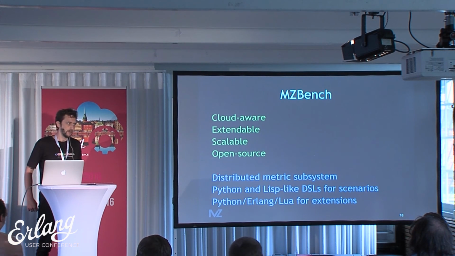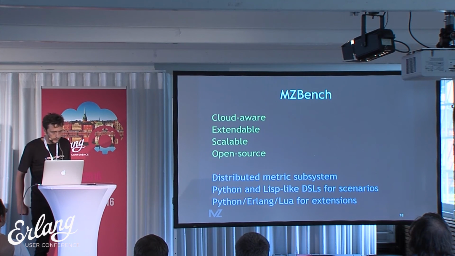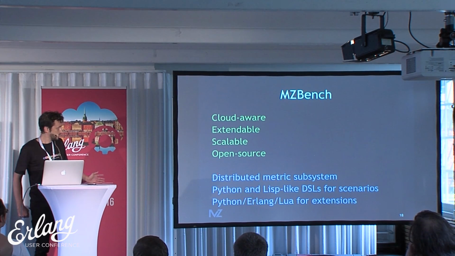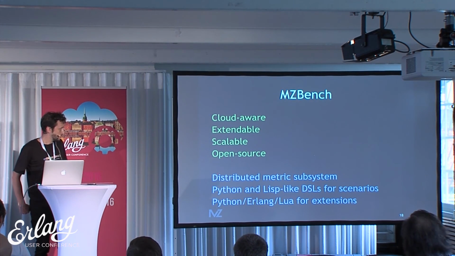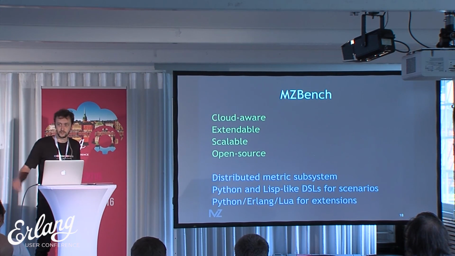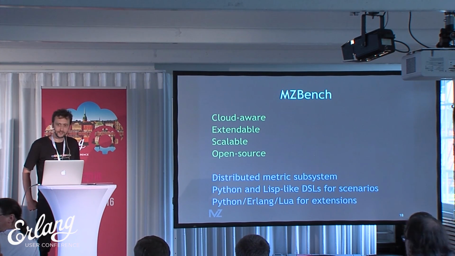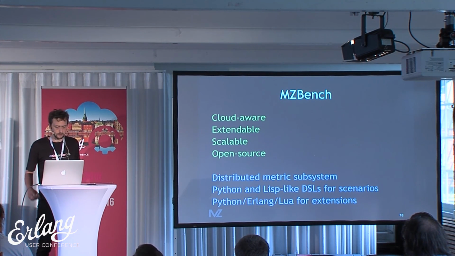So we implemented our own protocol, and each of the nodes is in a separate environment. So we have a metric system and Python and Lisp-like DSLs for scenarios, and Lisp-like came first. And Erlang and Lua for extension. For Lua, we use a Lua reading library. And for Python, we use a separate Python interpreter.